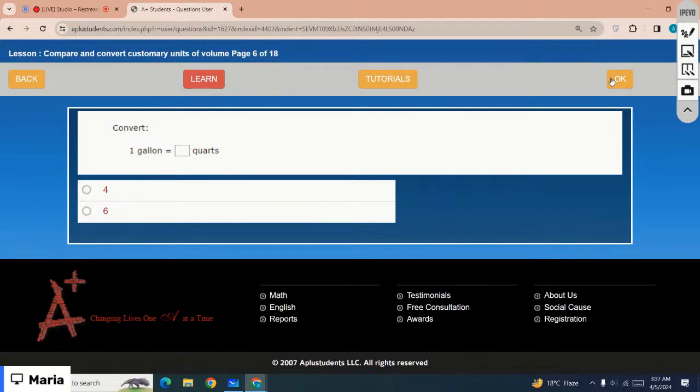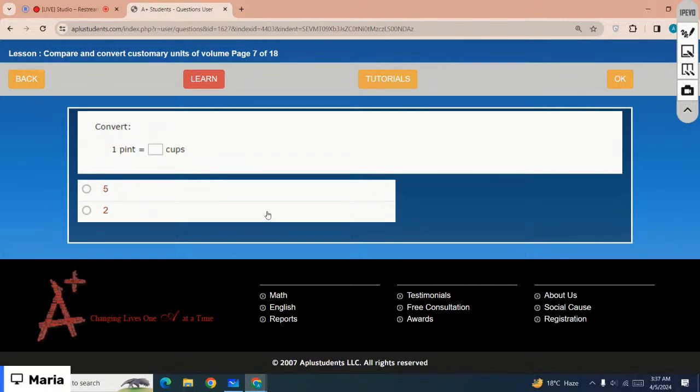The correct option is 4. 1 pint equals how many cups? 1 pint equals 2 cups.